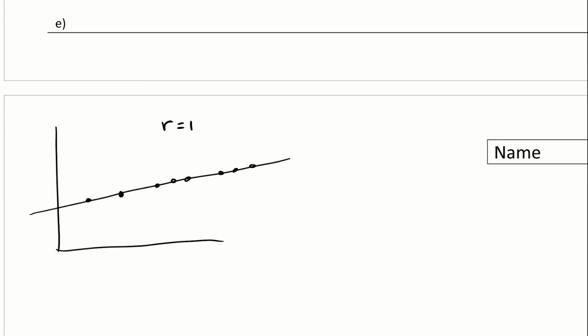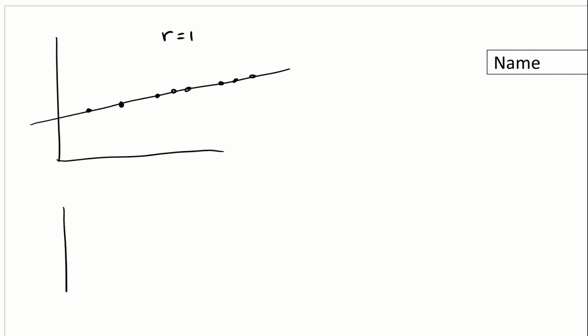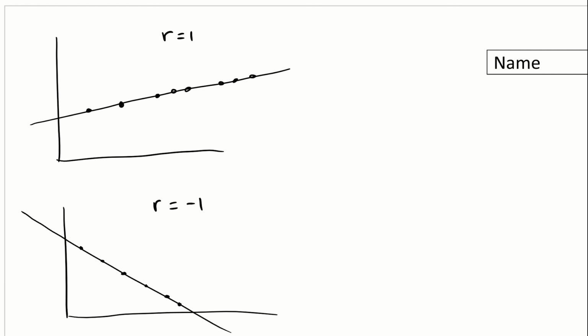So that's one possibility. The other possibility is still perfect correlation. The only difference is that instead of having this positive slope, you would have some relationship where the slope was decreasing, and yet all the data points are perfectly on the line. That would be the instance where we would have a correlation coefficient of -1. And the only values that are possible for R are things in between those two.